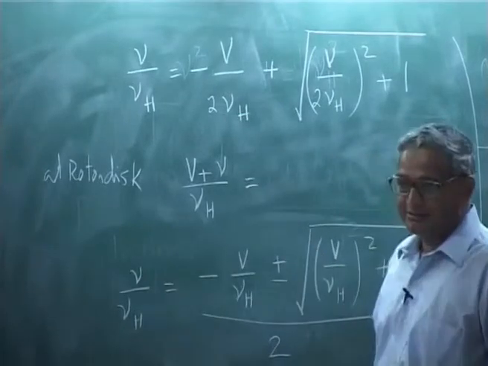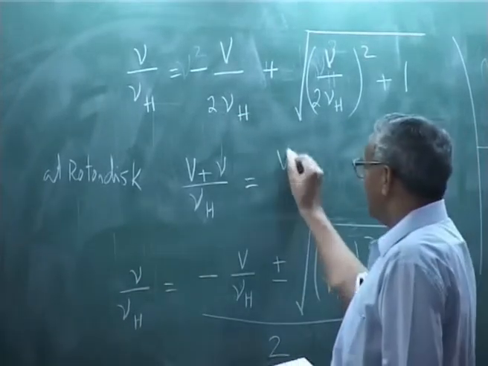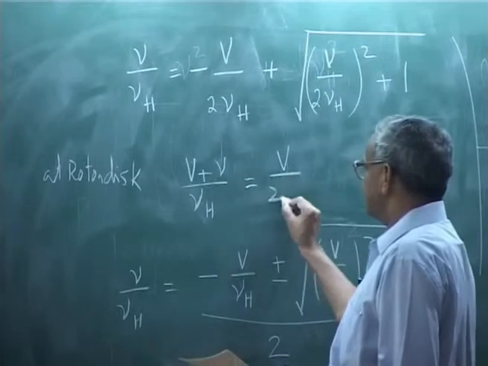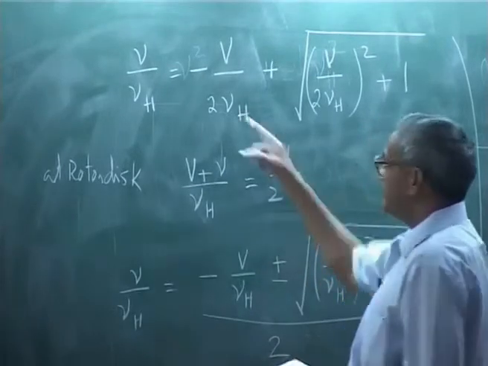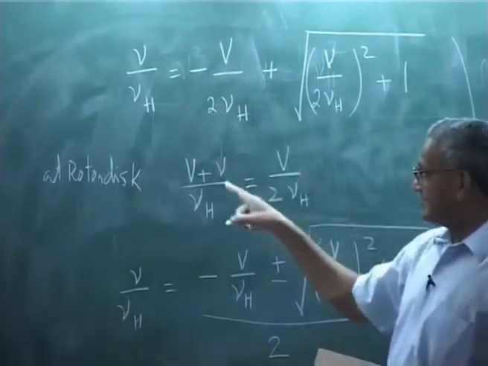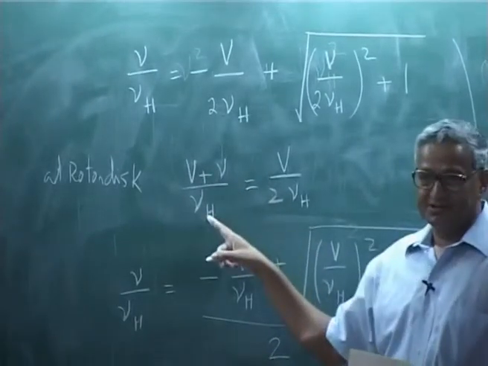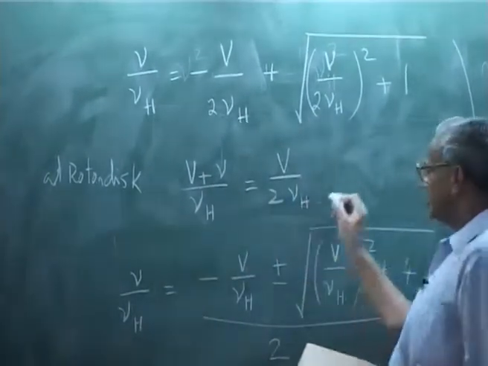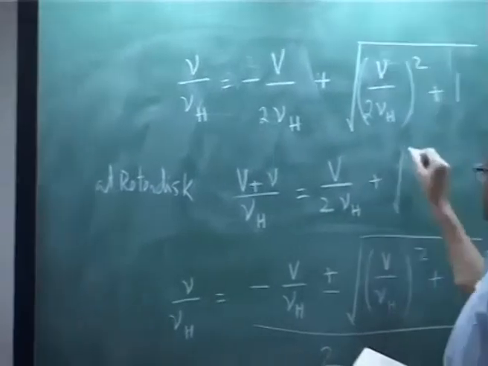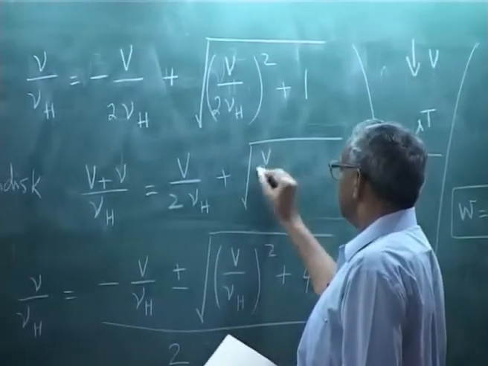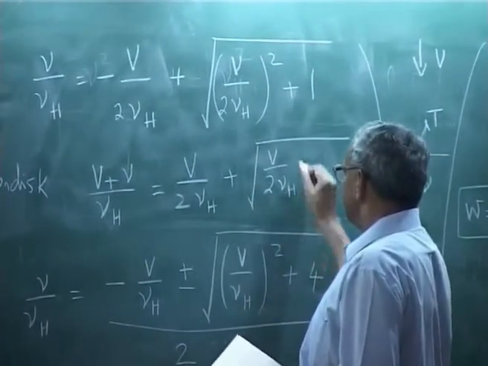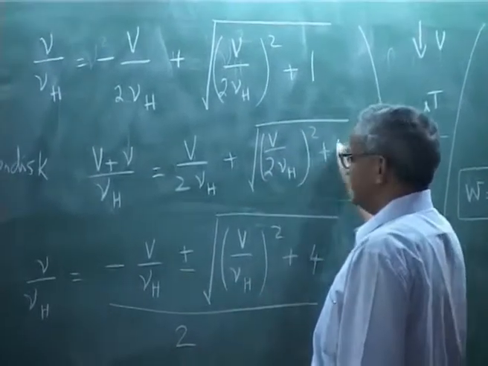This will become now V over 2 nu H, because the minus sign will go off, because I am adding plus V by nu H plus root of same thing V over 2. Okay.